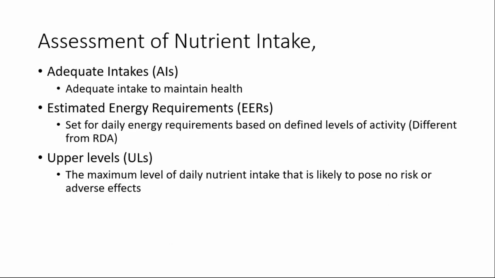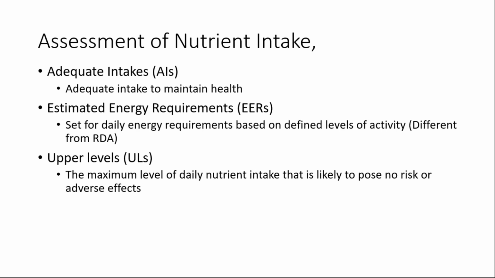Adequate intake is the intake to maintain good health. Estimated energy requirements are set for daily energy requirements depending on the activity. And this is different from RDA. This is energy requirements; RDA is the actual nutrient requirements.